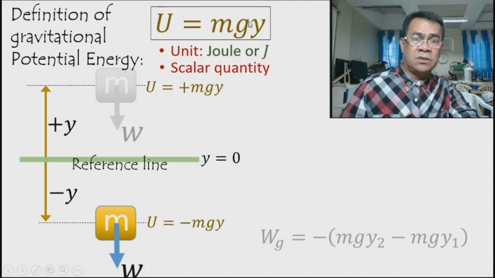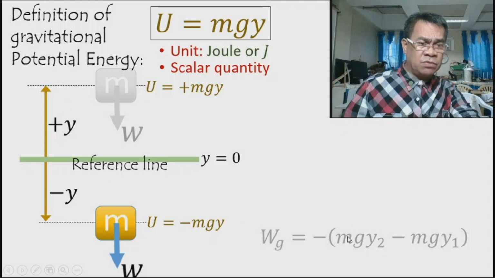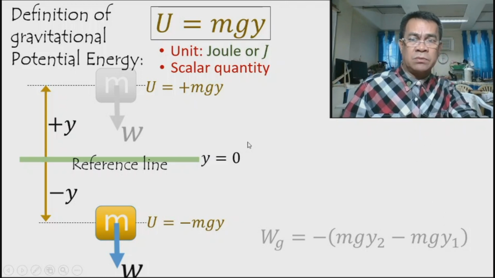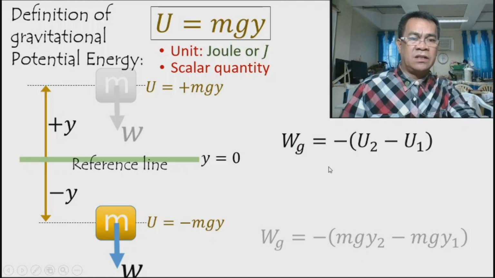U, remember, is mgy, and we have this mgy2, so therefore this should be U2, while this one, minus mgy1, should be U1, which corresponds to the initial gravitational potential energy, and this one is the final potential energy. So the result now becomes: work done by gravity is negative quantity U2 minus U1. But take note, this is final and this is initial.